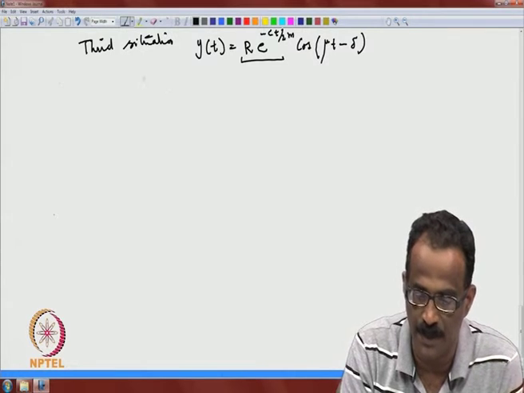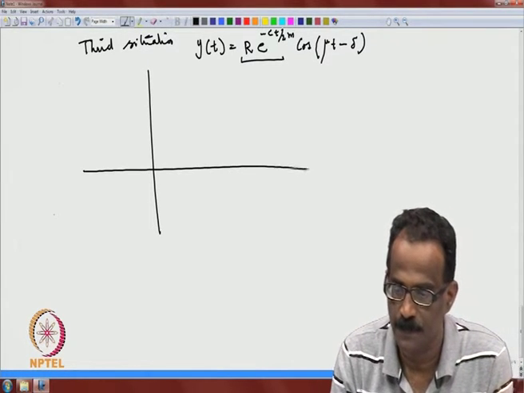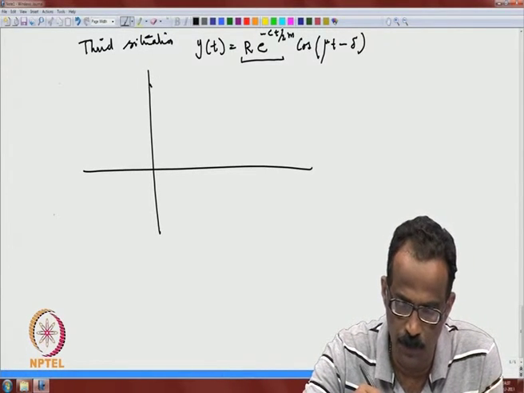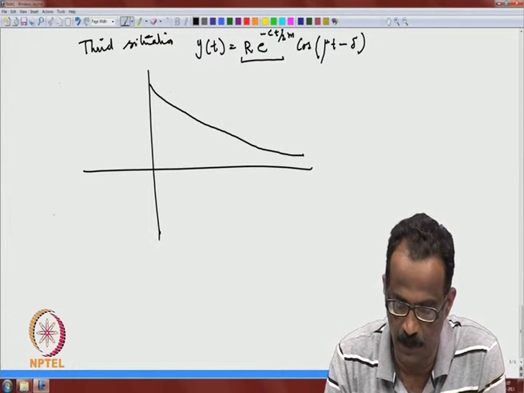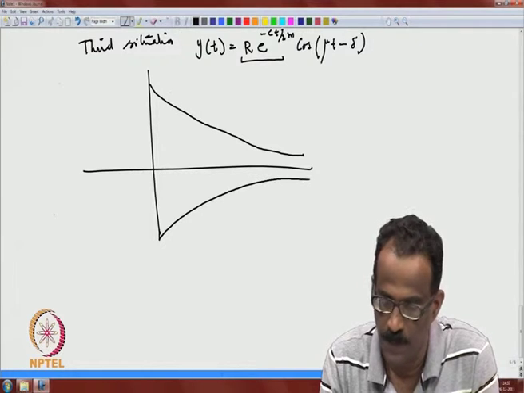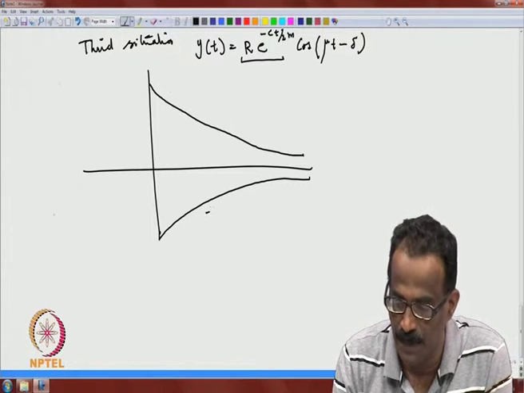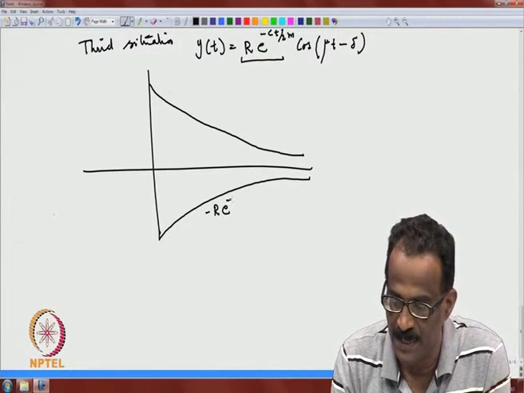If you plot this graph, you can plot two curves here. This curve is nothing but minus r e^(-ct/2m).